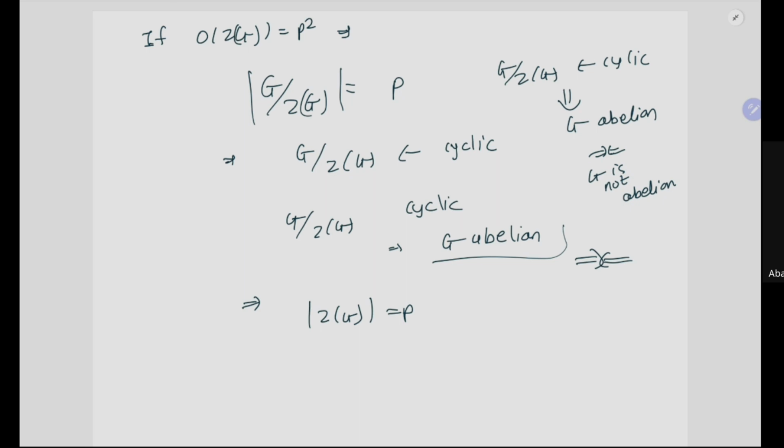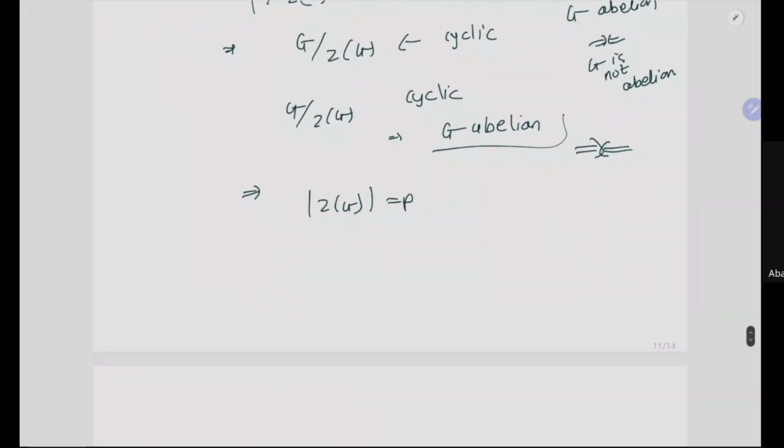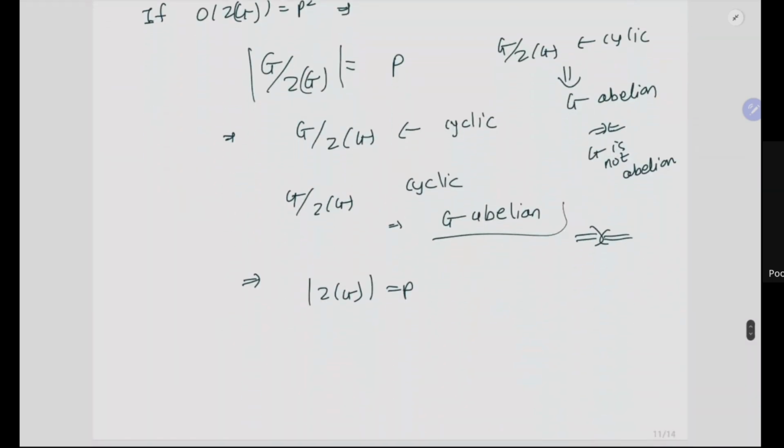Is there any doubt here? Can you prove the result? Which result? If G by Z(G) is cyclic, then G is abelian.